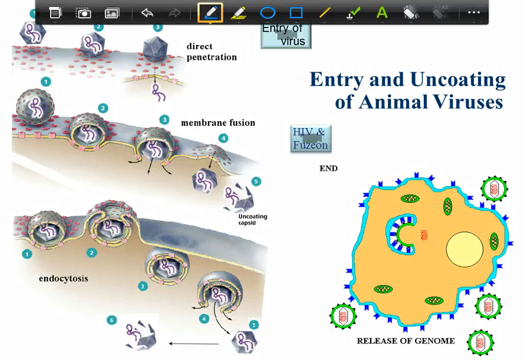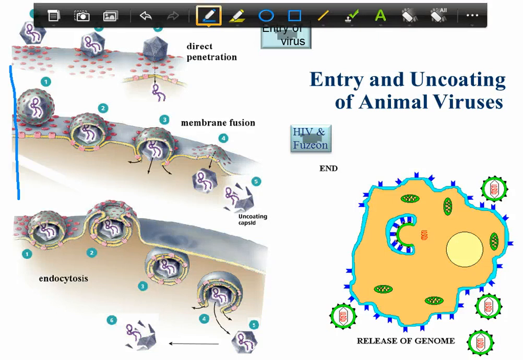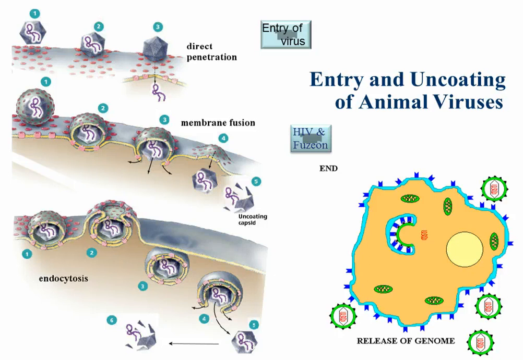Then the nucleic acid appears to go through the capsid wall and through the cell membrane and ends up inside of the cell. That's called penetration.